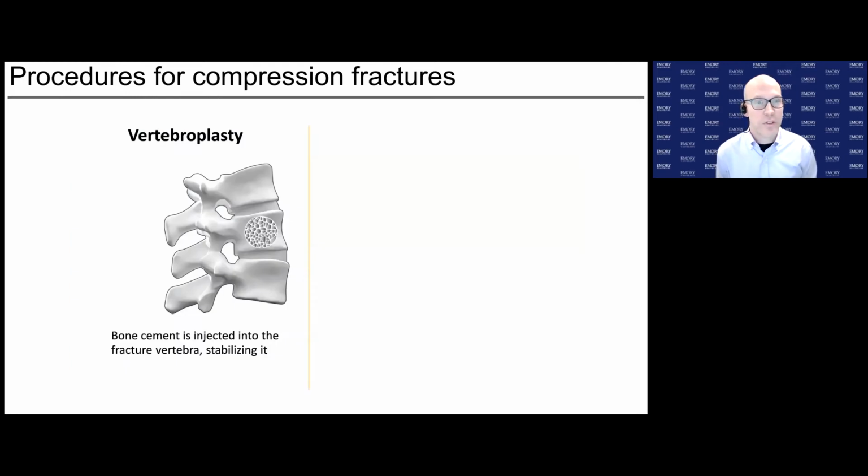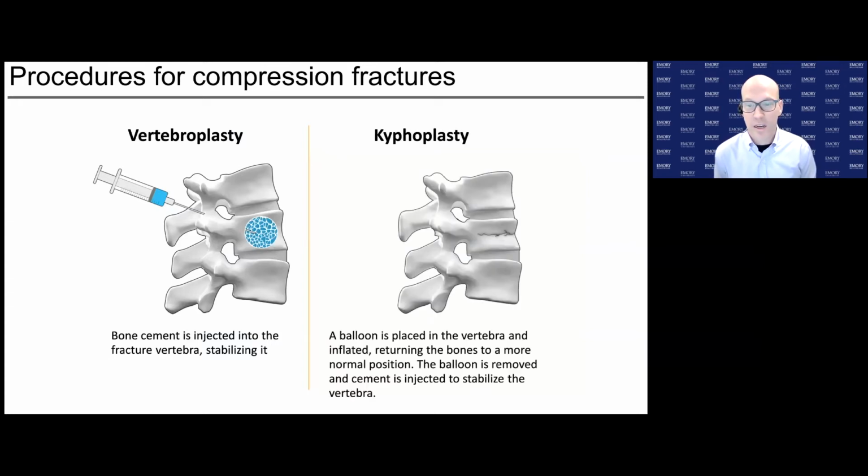So the two procedures that are available, often in an institution-specific manner, are vertebroplasty, where they simply inject a cement-like solution into a collapsed vertebra, and kyphoplasty, where you have the same collapsed vertebra, but instead you put in a balloon and then fill up that balloon with cement to stabilize the vertebra.